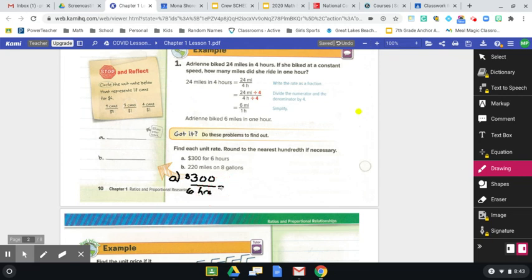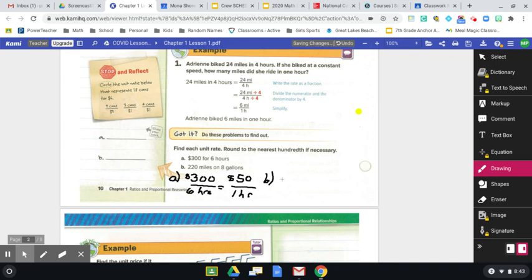Your calculator that I said you were going to need, we're going to divide this out. Or honestly, you might know this without using your calculator. $300 divided by 6, you would see $50 per 1 hour for letter A. It does say to round to the nearest hundredth if necessary. We don't need to. That's only going to pertain if we have some decimal answers. We're good here.